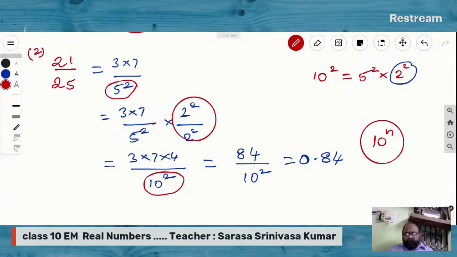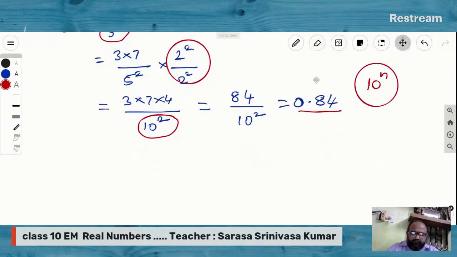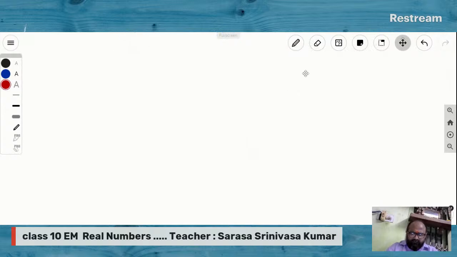By converting the denominator into the form of 10 power n, we can find the decimal expansion for the given rational number, which is given in the form of p by q. So this is how we converted the given rational number into a decimal without actual division. This is what you must understand. All students must learn this process. Now we consider next problem.